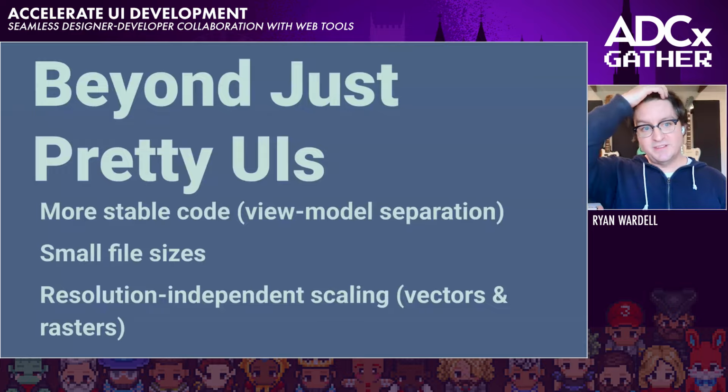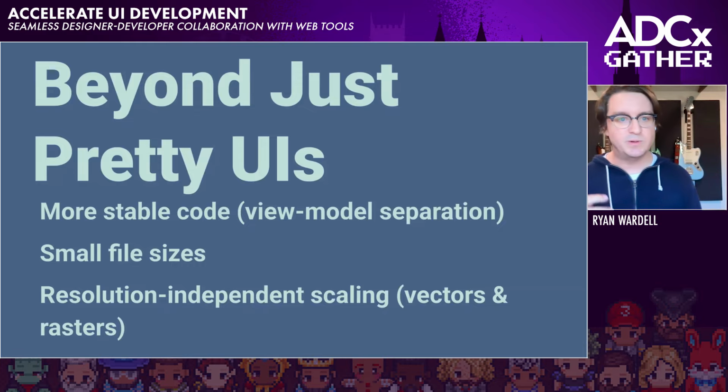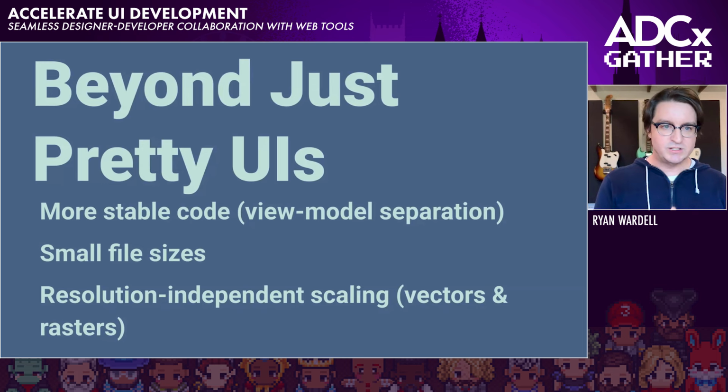I think there are also some really other cool things that come through the system because we're not overcomplicating and causing a lot of churn on our C++ side, and we're using a system that's stable and used by, I imagine, thousands and thousands of people already. We have a more stable separation with our view model separation. We also get smaller file sizes out of this. Again, we're not bringing Chromium along with this. When we use the JUCE web views, it's just the native OS web technology that's embedded in there.